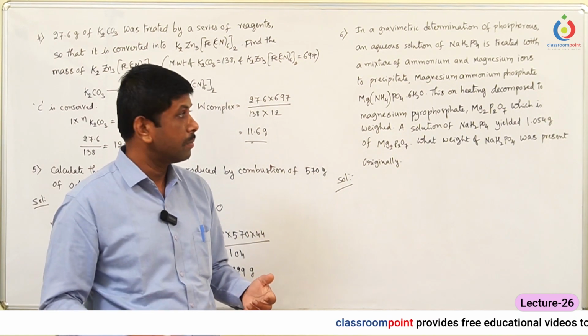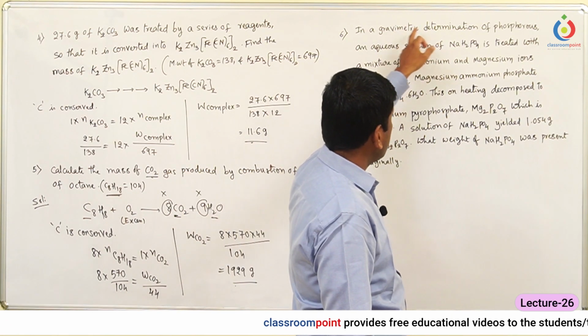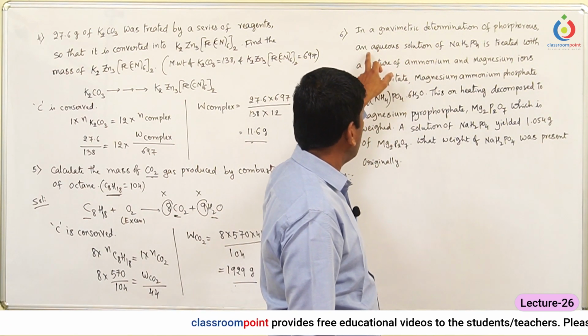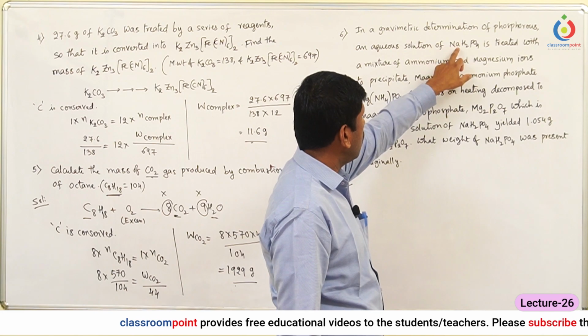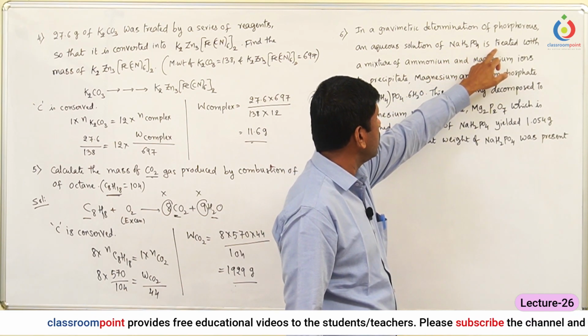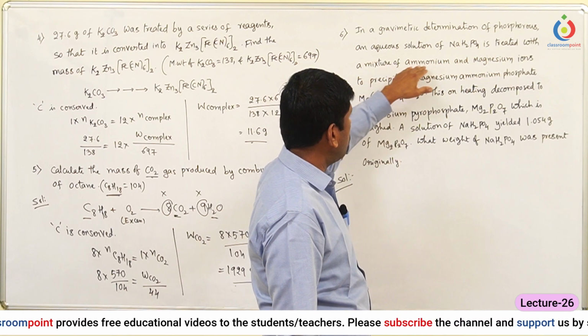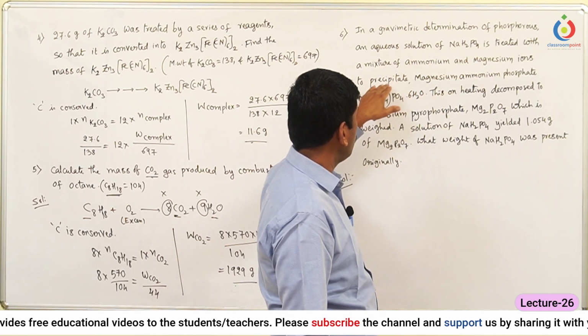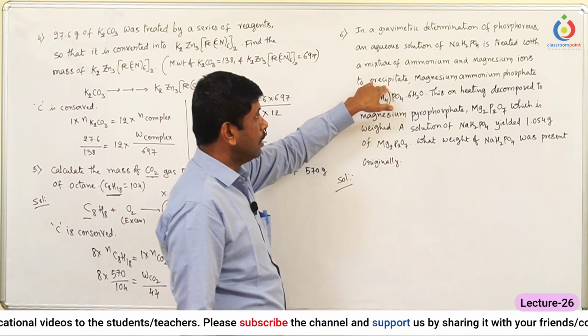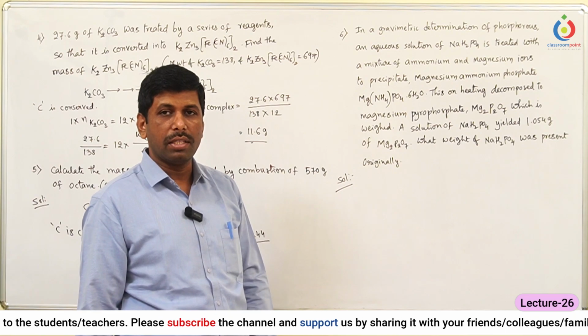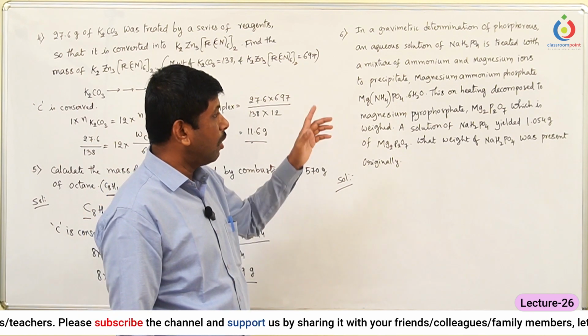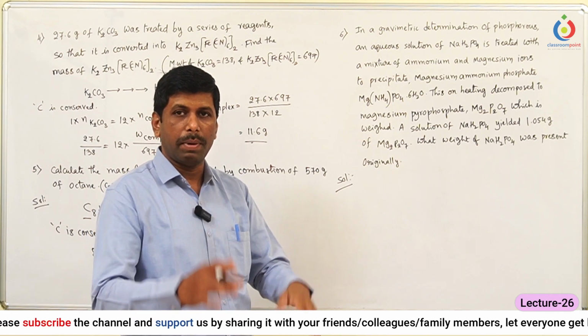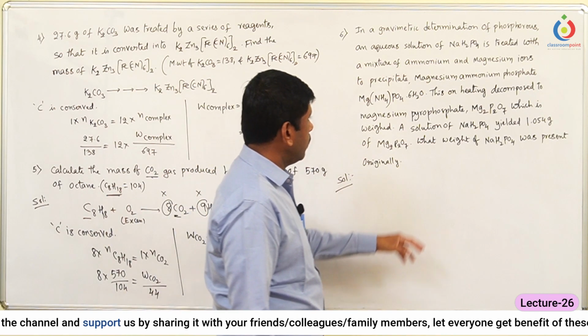So here, in the gravimetric determination of phosphorus, an aqueous solution of NaH2PO4 is treated with a mixture of ammonium and magnesium ions to precipitate. So they have taken phosphorus, and indirectly they are saying that phosphorus is conserved in the gravimetric analysis. So we have to consider the phosphorus atom.